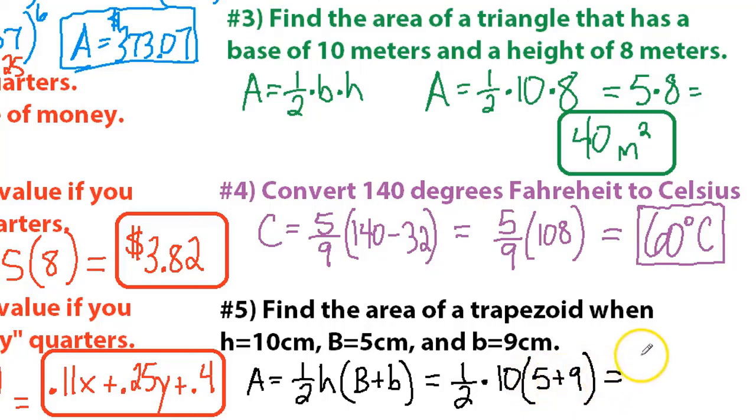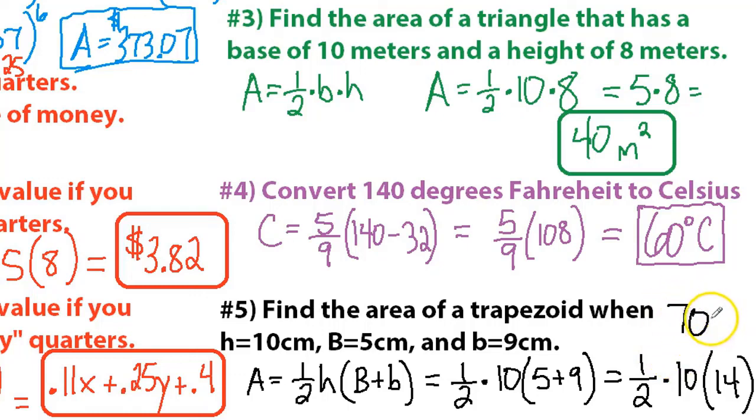Let's go ahead and work with our parenthesis. I have 1/2 times 10 times 5 plus 9 is 14. We can go ahead and use our calculator. 1/2 times 10 times 14 comes out to be 70. And because it's area, it's going to be centimeters squared, because we had centimeters times centimeters.